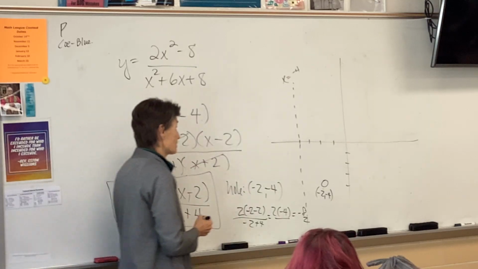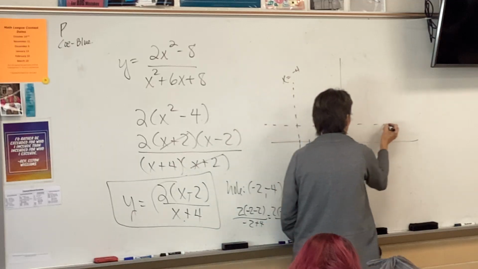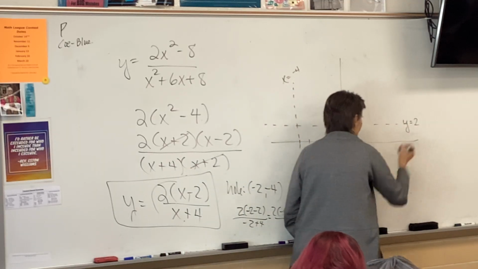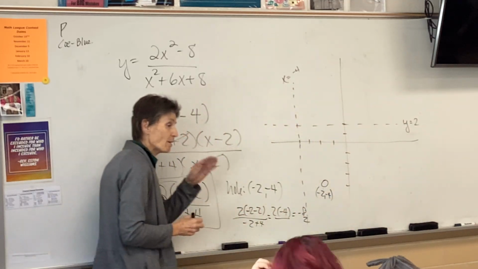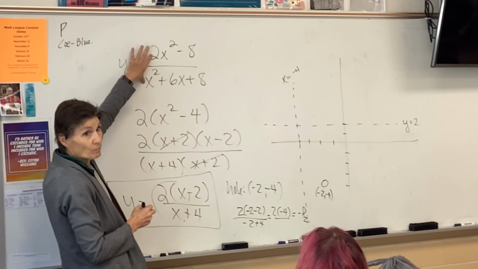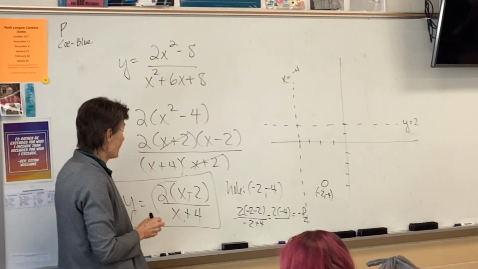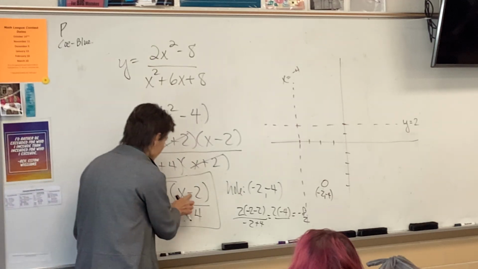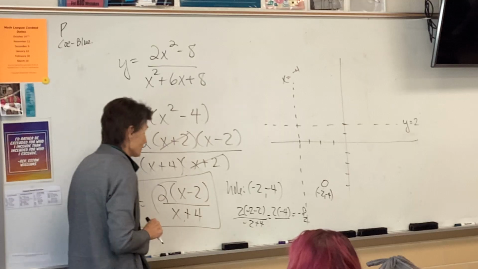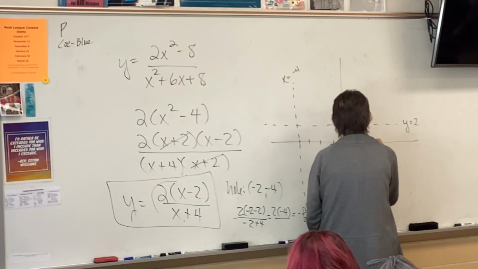Yes, that's right. This time the horizontal asymptote is y equals 2. You can tell that right from the beginning. Look up here. See how you had 2x squared over 1x squared? Yeah. All right, where's our x-intercept? 2, comma 0 is a point.